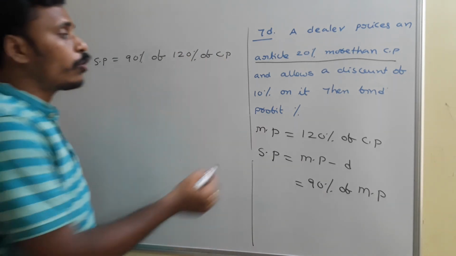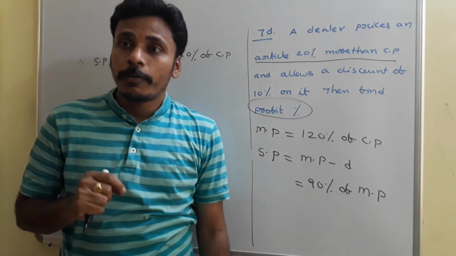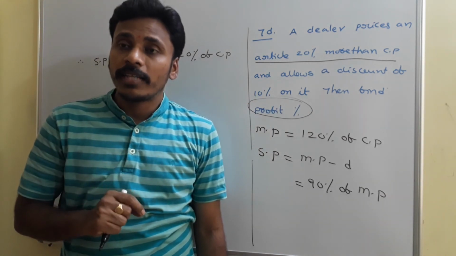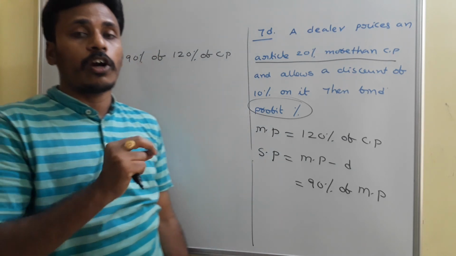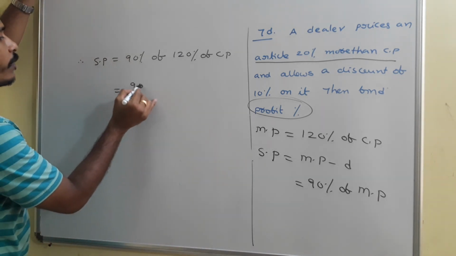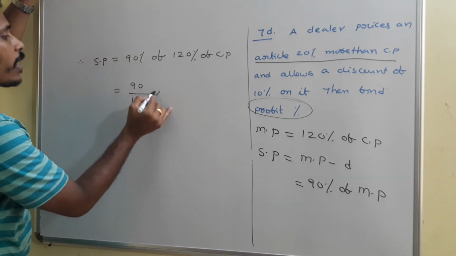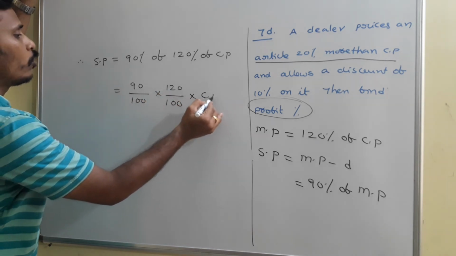The question is to find the profit percent. Selling price is equal to 100 plus P percent of the cost price, where P is the profit percent. So I will write it like this: 90 divided by 100 into 120 divided by 100 into cost price.